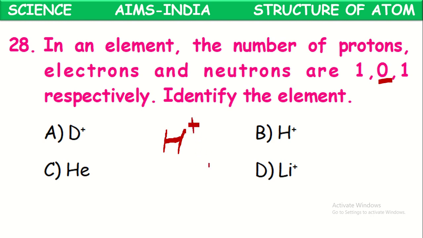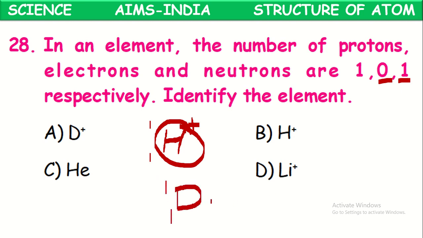It becomes now a unipositive ion, that is H plus. And it has 1 neutron also, but actually normal hydrogen has no neutrons. Since 1 neutron is mentioned here, it will be deuterium. So the hydrogen with one neutron is called deuterium, and it lost its electron, so it becomes D plus.